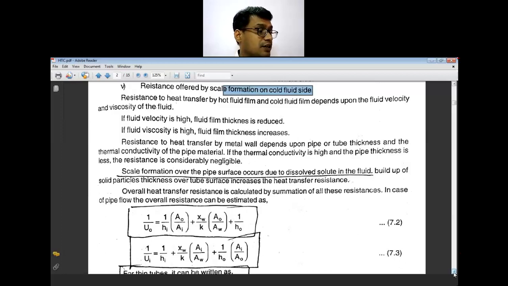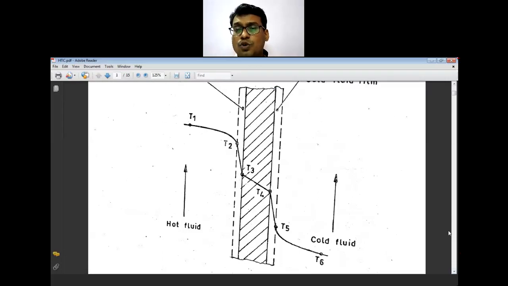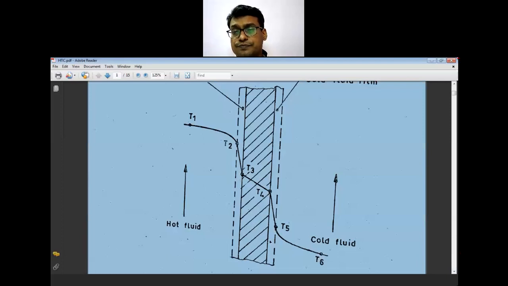Then the surface structure, surface area, and thermal properties. All these are different factors which influence the heat transfer coefficient. If the fluid velocity is high, the fluid film thickness is reduced. The fluid film thickness depends on the velocity.